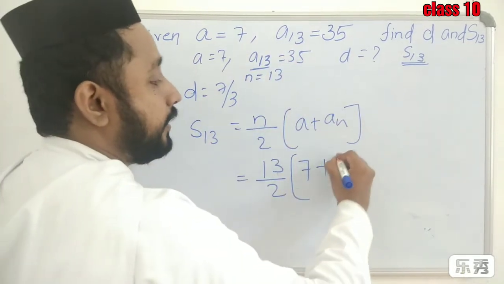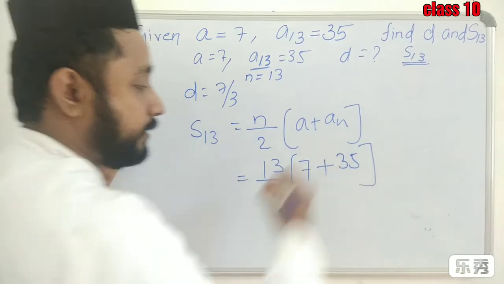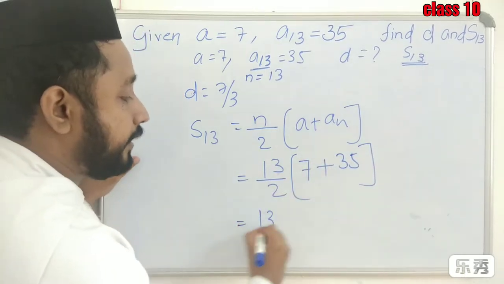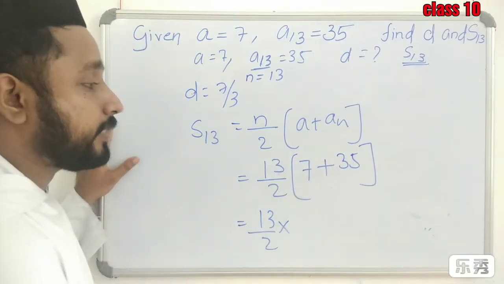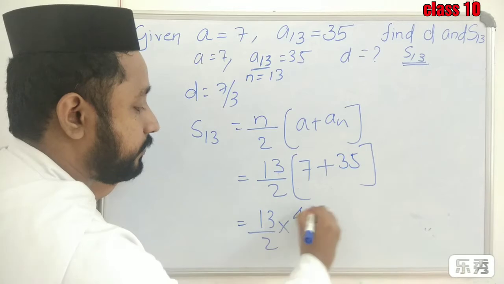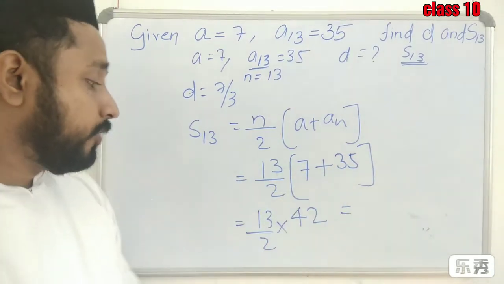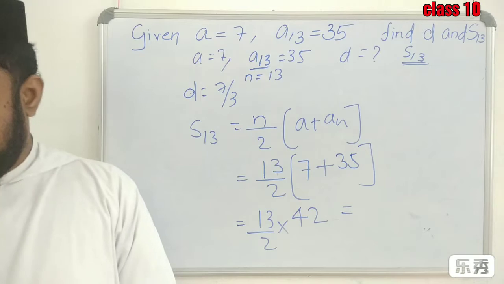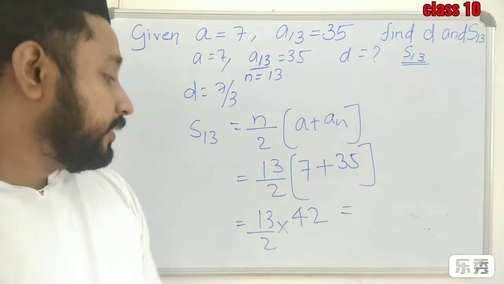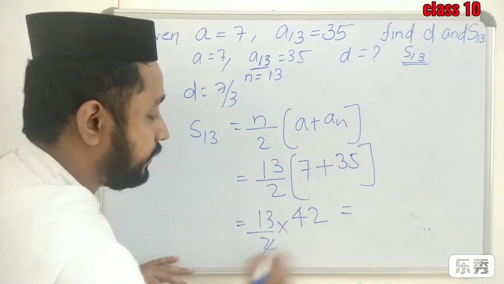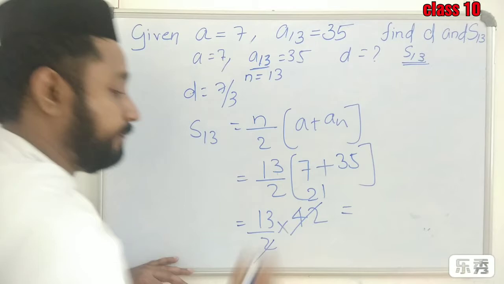That is an = 35, so S13 = 13 by 2 into (7 + 35), that is 42. So 13 by 2 into 42. We can cut 42 and 2 and get 21.